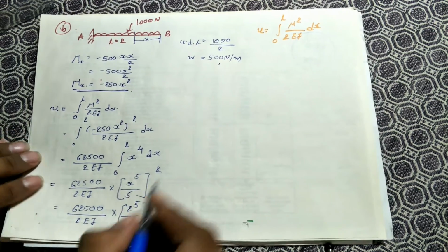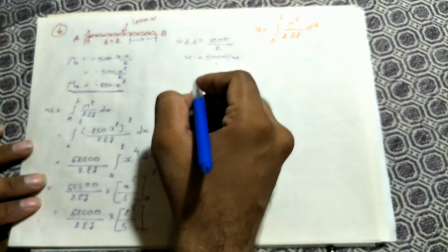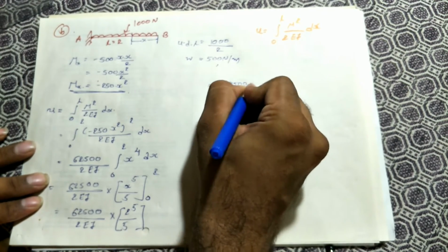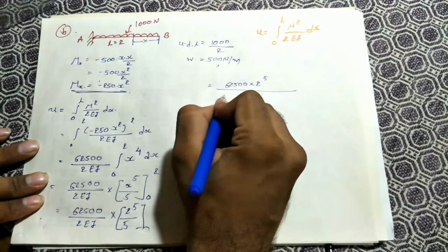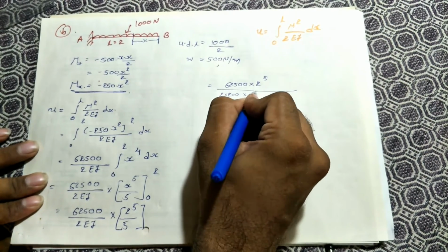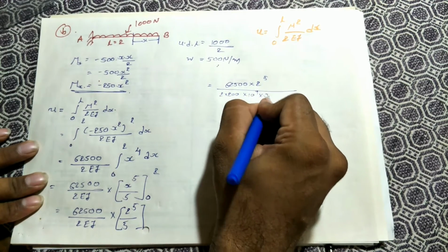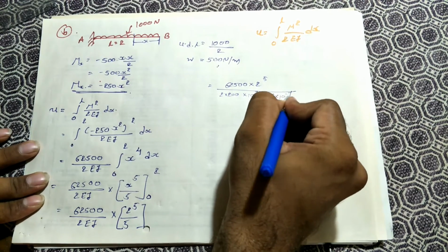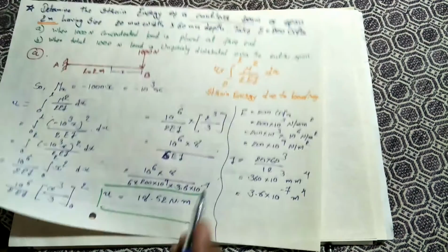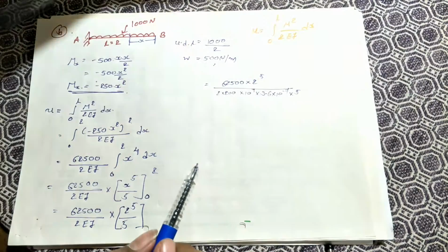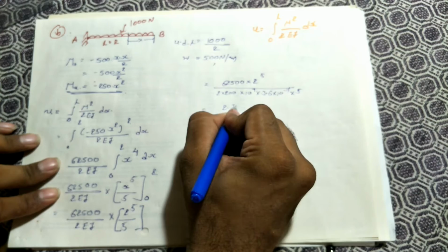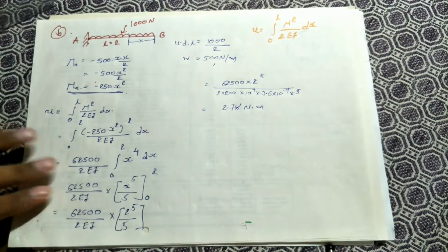Okay, so if you put the value of E and I and try to solve, then this is 62500 into 2 raised to 5 divided by 2 into 200 into 10 raised to 9 into 3.6 into 10 raised to minus 7 into 5. This 5 value, E and I we will get from this value. Okay, so if we solve this, then we'll get the answer, that is 2.78 Newton into meter.